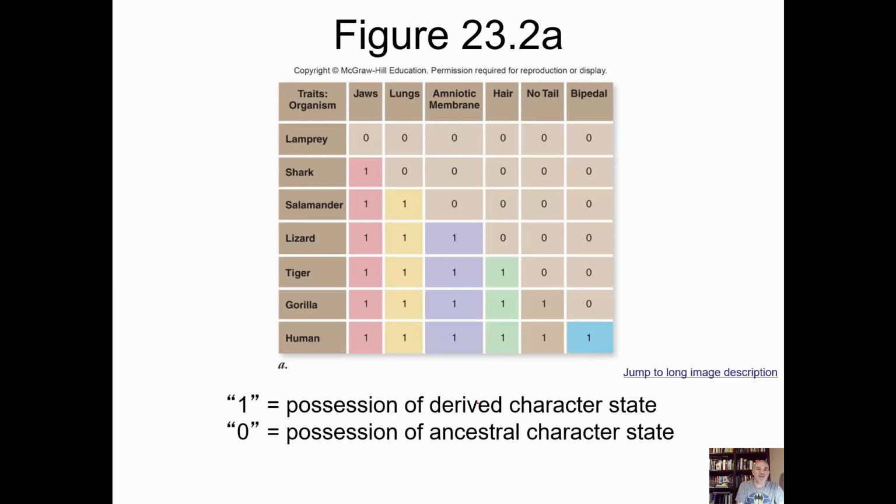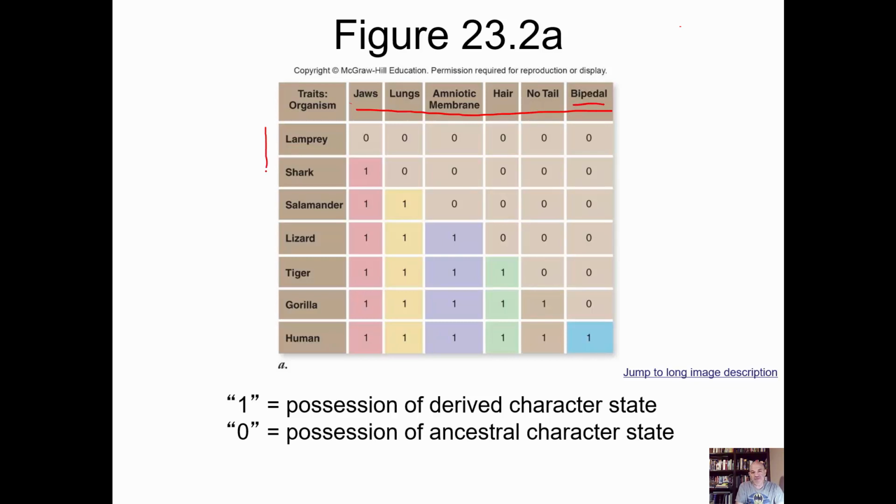You can see the top of the table has some of these characters that we are going to be examining, including jaws, lungs, amniotic membrane, whether or not you have hair, and no tail. No tail is something new, because the ancestral form, we know from other studies, has a tail. And then bipedal, walking on two legs.